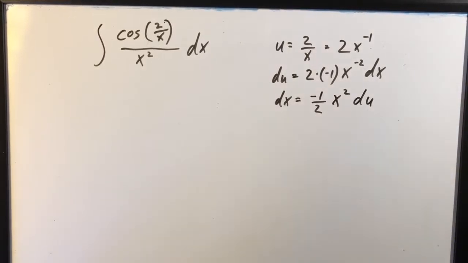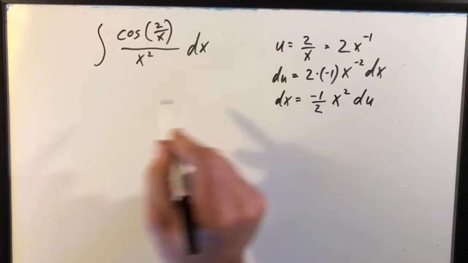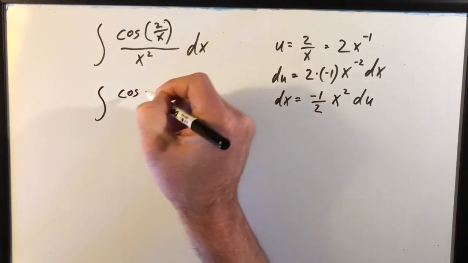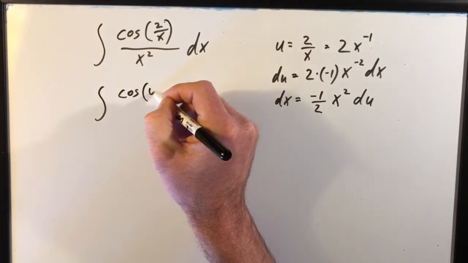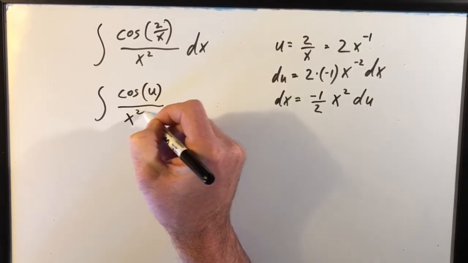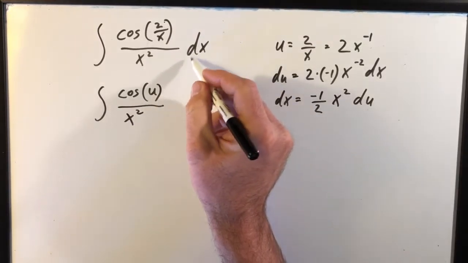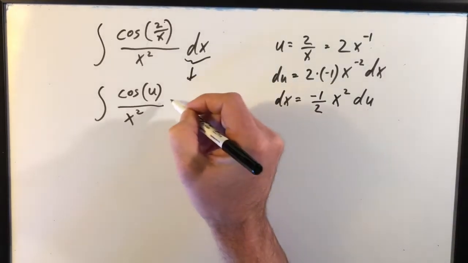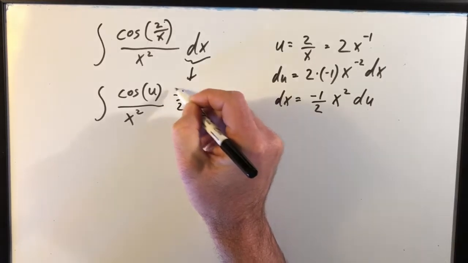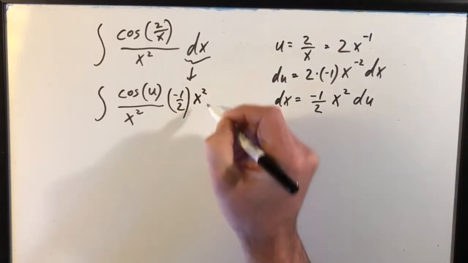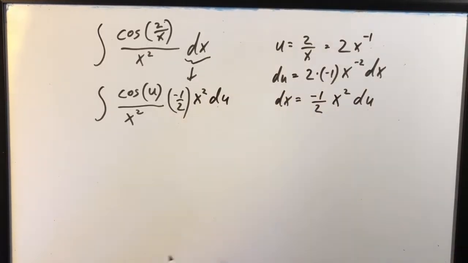So let's start substituting in. We'll go with the integration of cosine, and this becomes u over x squared, straight bring that down, and then we'll substitute this guy and put in negative 1/2 x squared du.